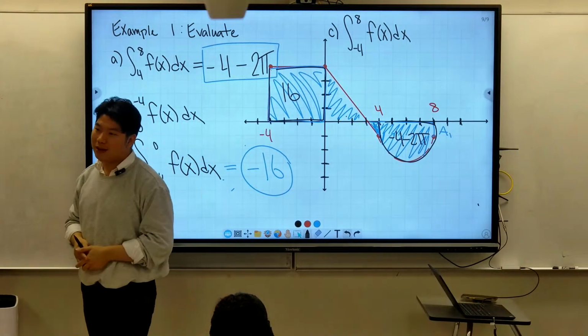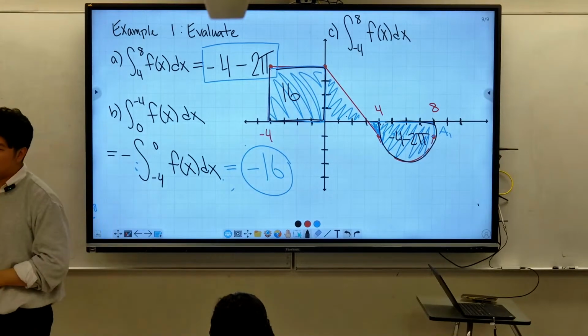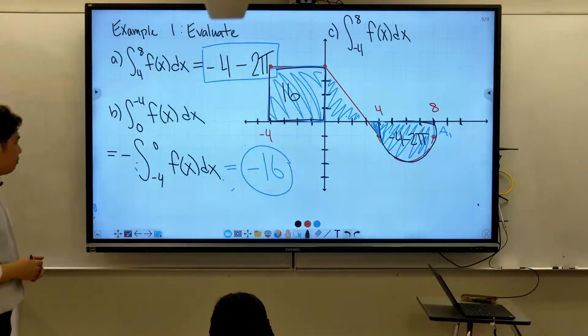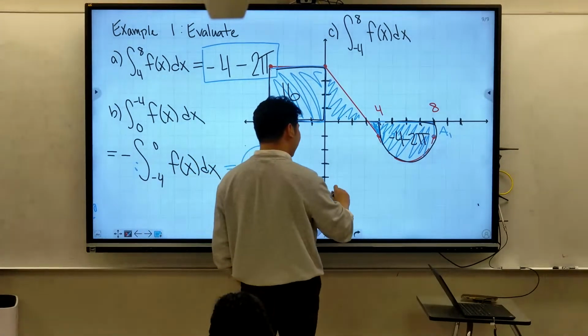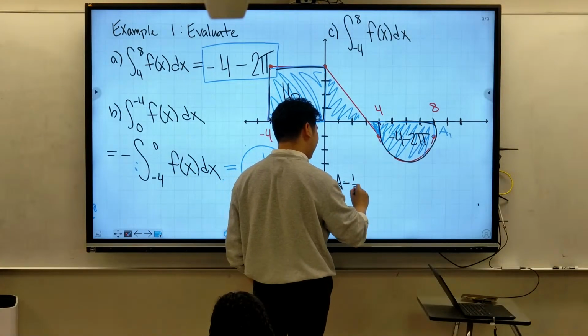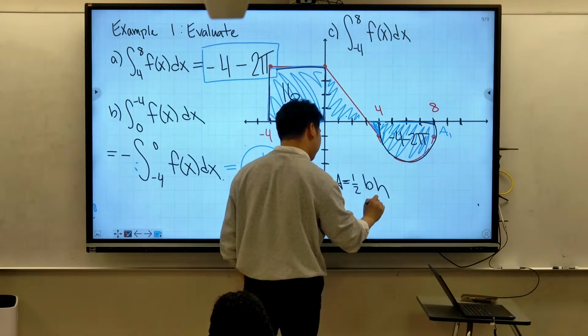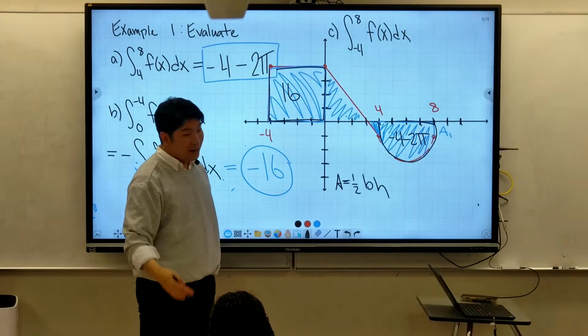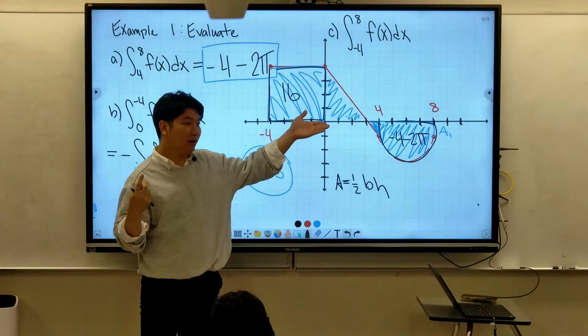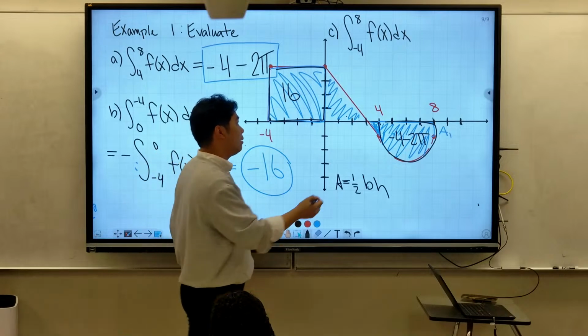So now I'm going to ask, do we know how to get area of a triangle? Yeah, we know that for a triangle, area is 1/2 base times height. So it looks like I have two triangles here, a bigger one and then a smaller one. Let's start with the bigger one.